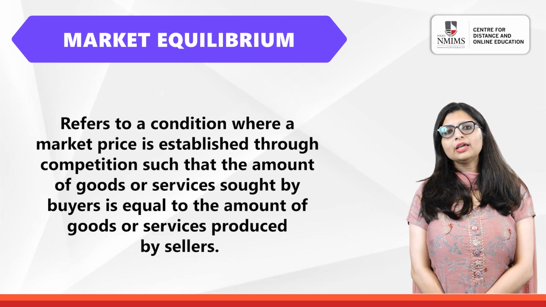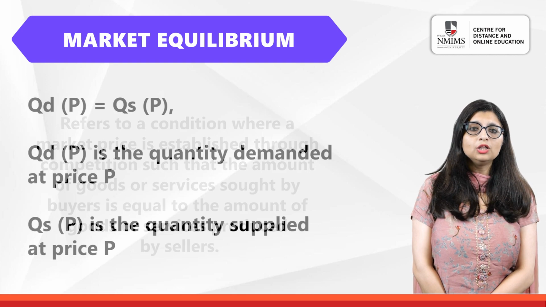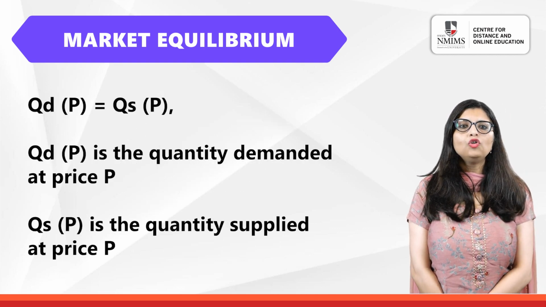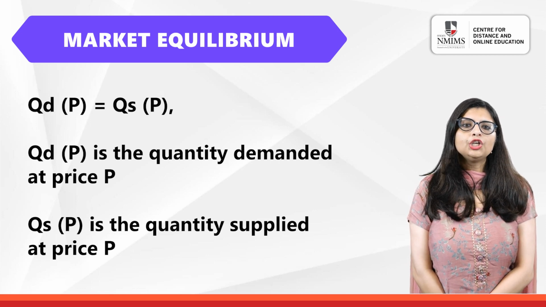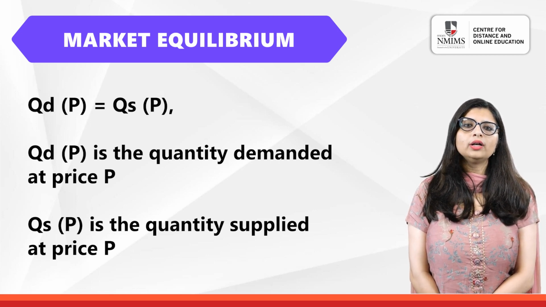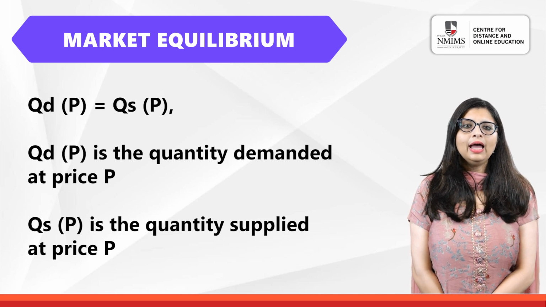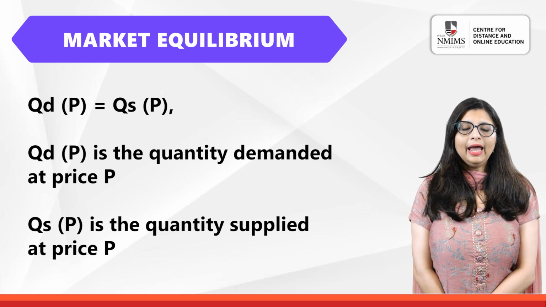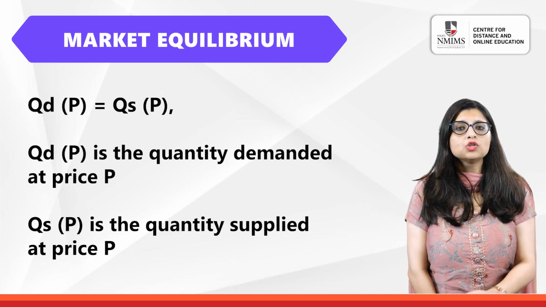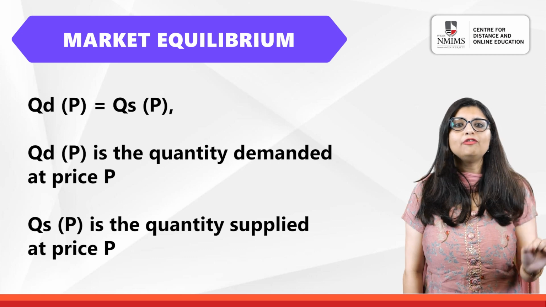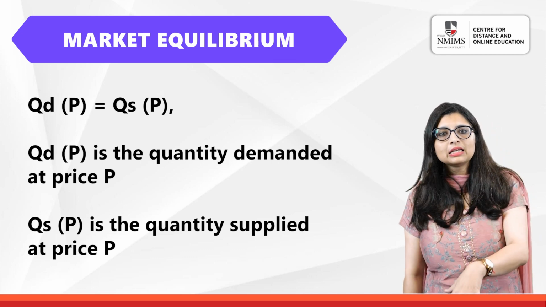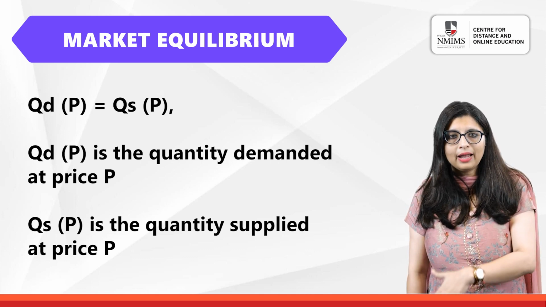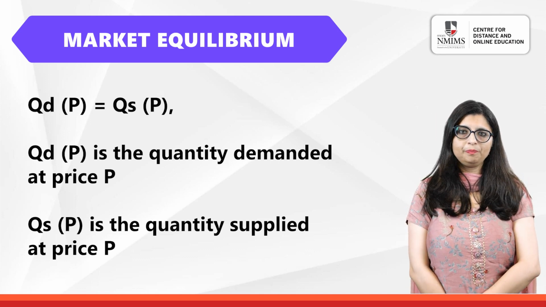Now in this particular case, what is happening? The quantity demanded at that price and the quantity supplied at that price would be equal. So let's say QDP is the quantity demanded at price P and QSP is the quantity supplied at price P. Hence, the equilibrium: equi itself means equal, hence the demand for the goods and the supply of the goods being equal in nature.